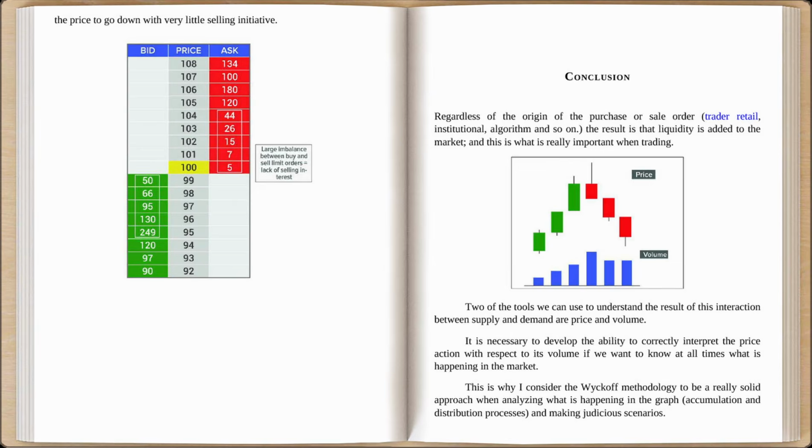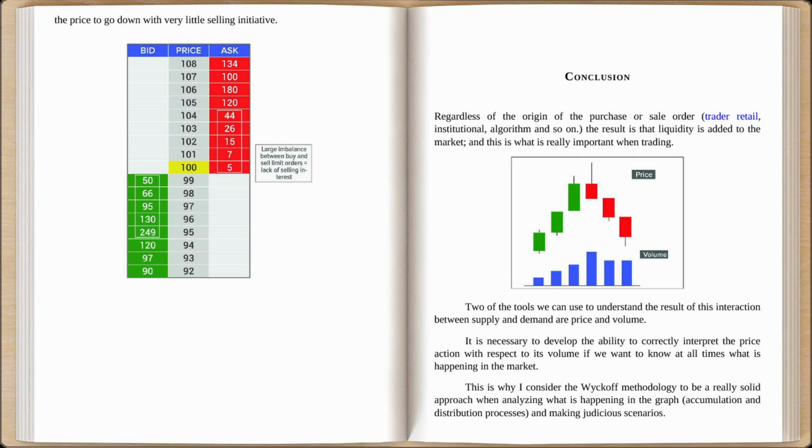Conclusion. Regardless of the origin of the purchase or sale order, trader retail, institutional, algorithm, and so on, the result is that liquidity is added to the market, and this is what is really important when trading. Two of the tools we can use to understand the result of this interaction between supply and demand are price and volume.